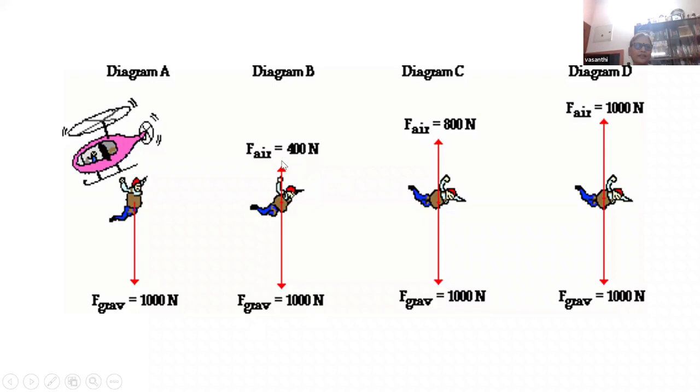As he falls, you know that the viscous force increases with the velocity. So as he is falling, the viscous force increases. At one stage, the viscous force balances the gravity. So at that moment, he falls with a uniform velocity. So he has attained terminal velocity.